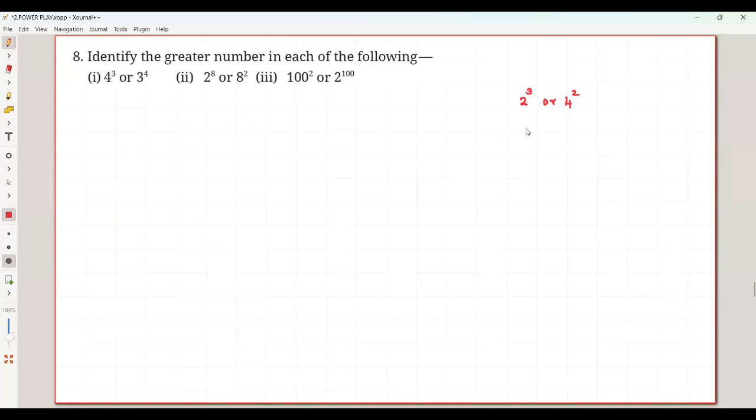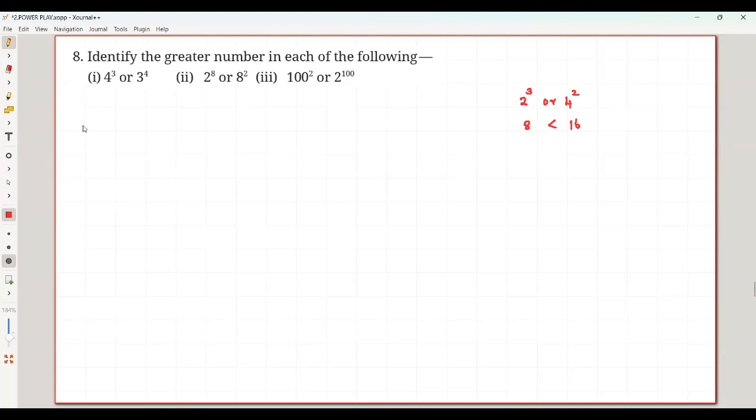Because 2 into 2 into 2, 2 power 3, is 8. 4 square is 16. 16 is greater. So if you compare the power, 3 is greater, and saying 2 power 3 is greater would be wrong. That's why I'm telling you, if the powers are less than 5, we have to simplify, then compare. If it's more than 5, you don't need to simplify it. By seeing the power, you can easily identify.